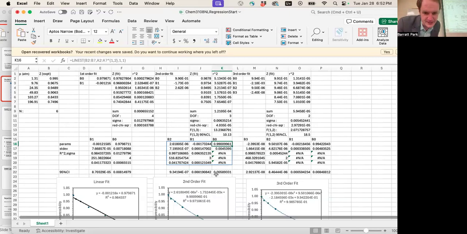So in this case, let me just write this on the board. So from the second order fit, we would say the B naught coefficient is going to equal, sorry, it's this one here, right?